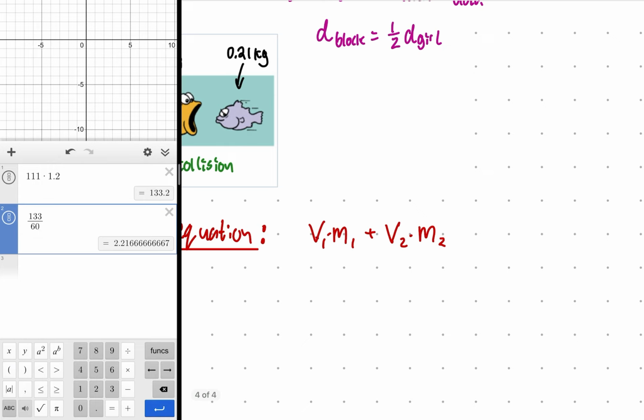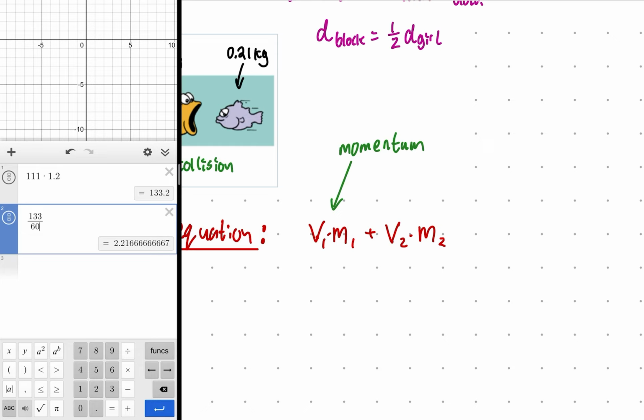This is just V denoted as 1, M denoted as 1, V denoted as 2, and M denoted as 2. Those are subscripts, obviously, and what that means is it's just the velocity of object 1, the mass of object 1, plus the velocity of object 2 and the mass of object 2. In both cases, it's the product of the velocity and mass. Do you remember what that's called? That's called momentum. That is the definition of momentum, velocity multiplied by mass.